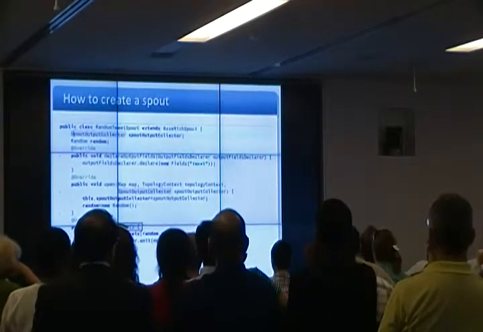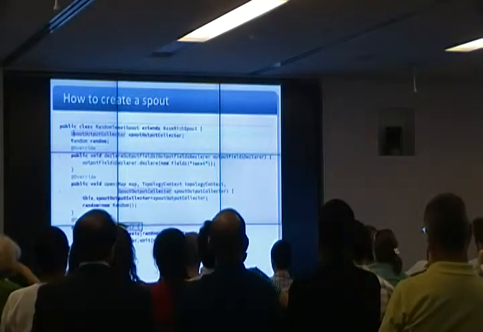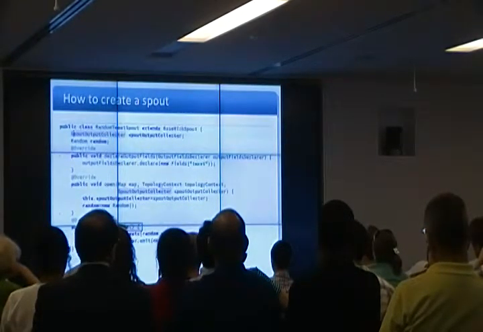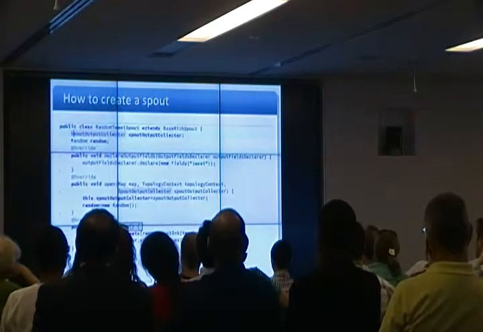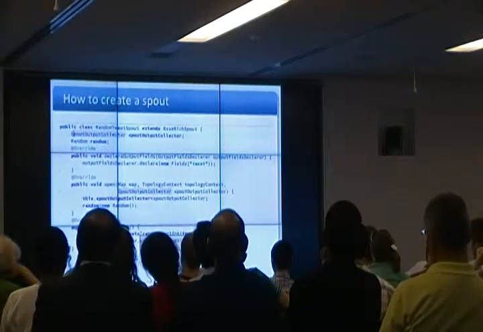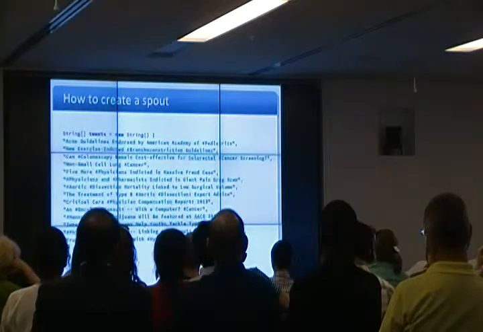And then the whole work is done in the nextTuple method. In this particular case, for simplicity, I just pick a random tweet from a string array of tweets, and I emit this random value. So here's my array. I pick a random string and emit it into the topology.